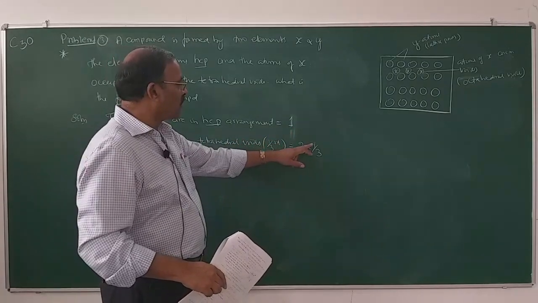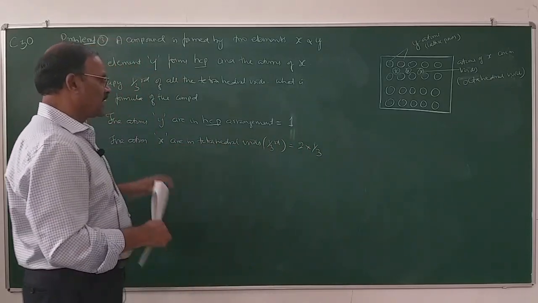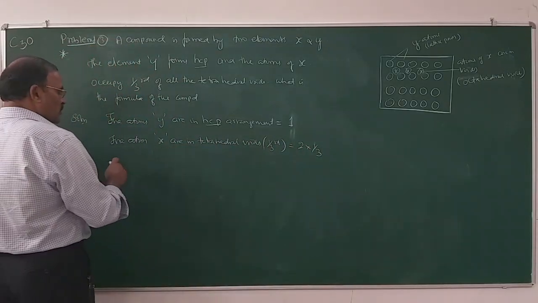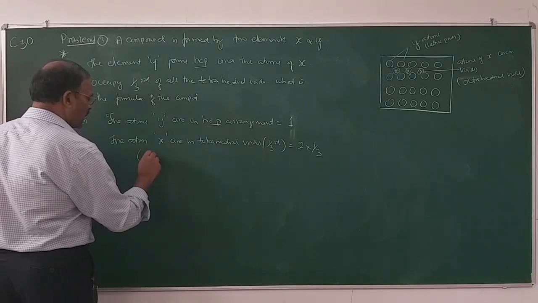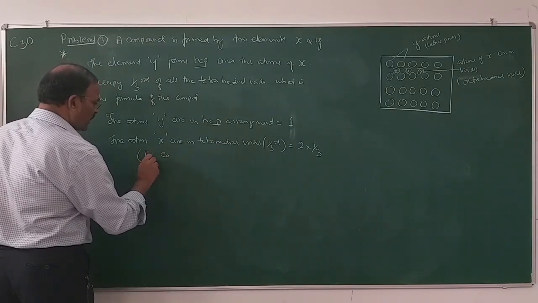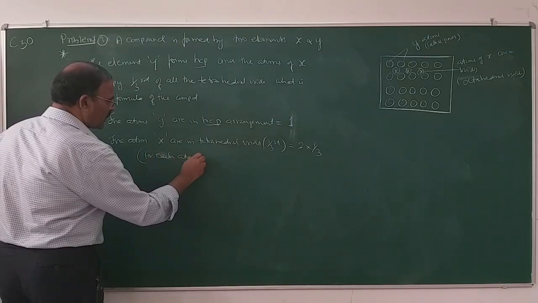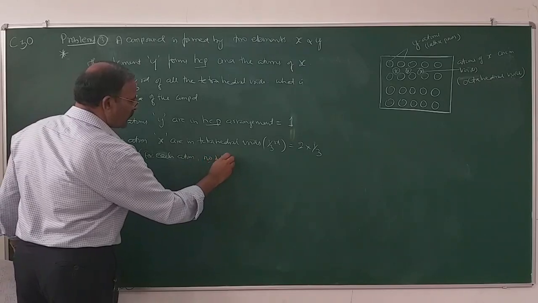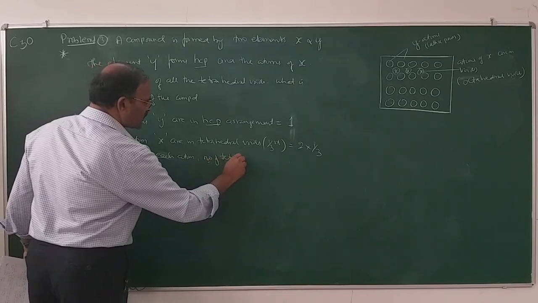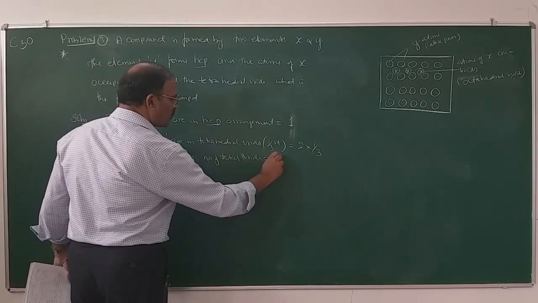Out of 2, 1/3 is occupied by the atoms X. So therefore, because for each atom, the number of tetrahedral voids is equal to 2.